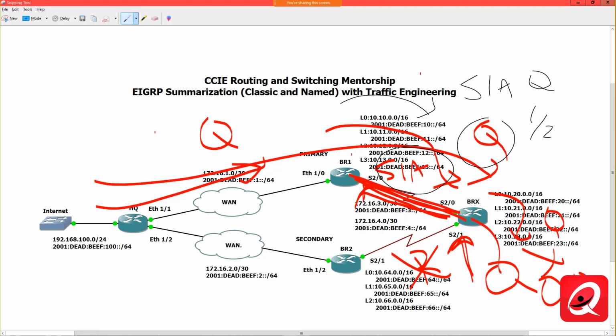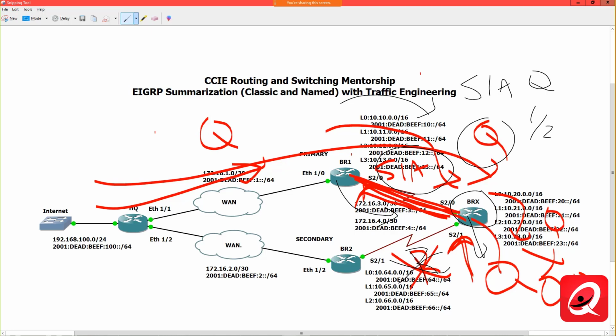So now this router says, okay, the problem is not with you, so I'm not going to reset that adjacency. Now this router, BRX, would send a stuck inactive query to the downstream neighbor. Assuming that I couldn't get a reply in the first place, I'm most likely not going to get a stuck inactive reply from that peer either.